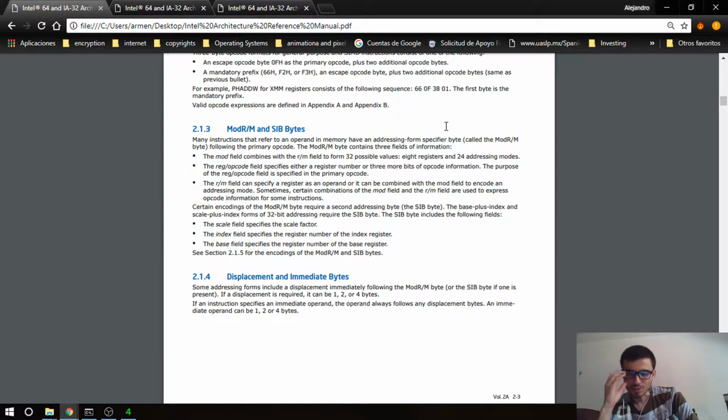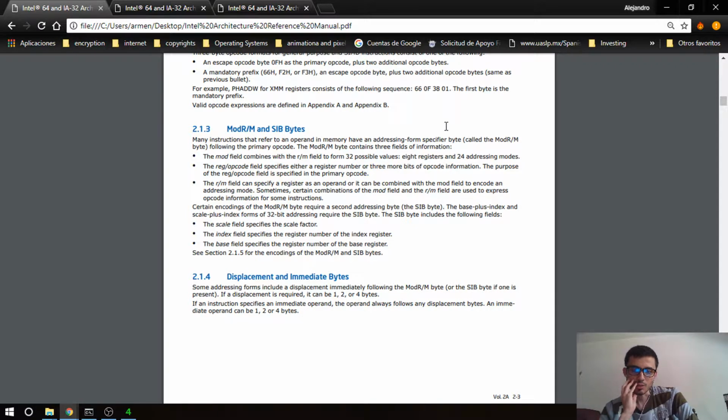The operand count is encoded in the primary opcode. For encodings of mod, RM, and SIB bytes, the base field specifies the register number of the base register.